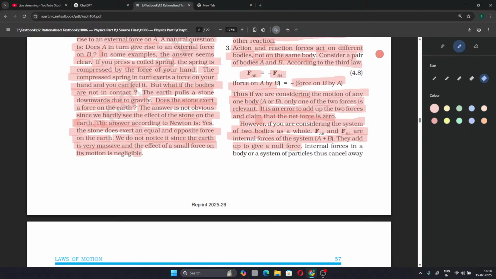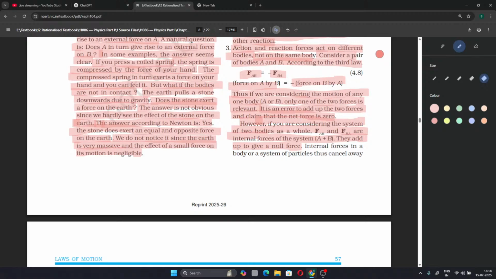But you might be confused, since we know the force is acting on two different bodies and it is never a single system, so how can we consider a single system? In a single system, we do not consider the force on the system, but the internal forces of the system.